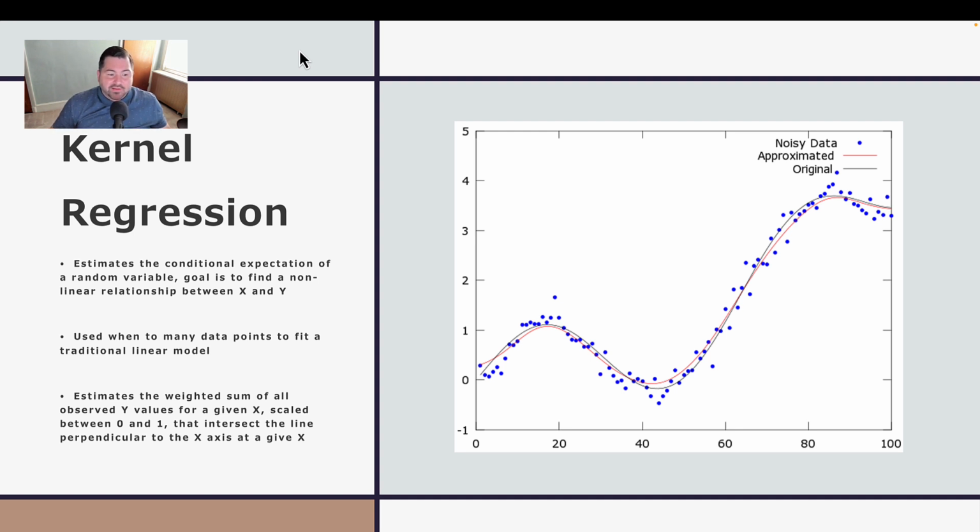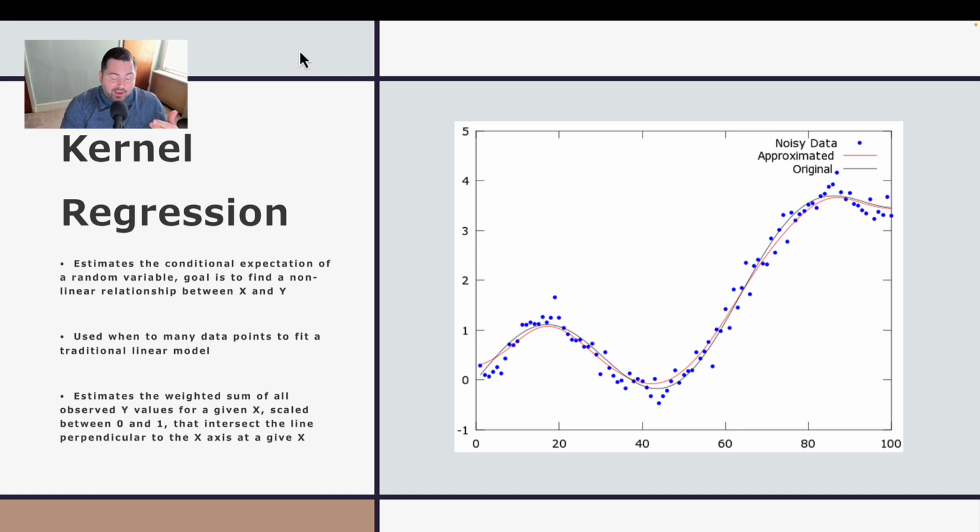And the way that it does this is that it estimates the weighted sum of all observed Y values of interest given X, and it scales it between 0 and 1. And the intersecting line is perpendicular to the X-axis given a value for X. This graph is just conceptually trying to demonstrate that we do not have a solid linear assumption, that the data points can generally move, and as one variable moves curvilinearly, so too does another variable, and that demonstrates a relationship.